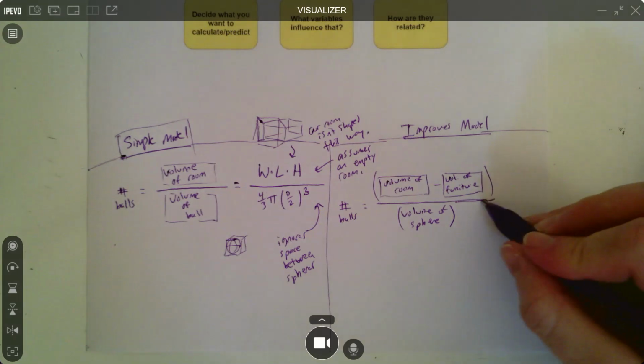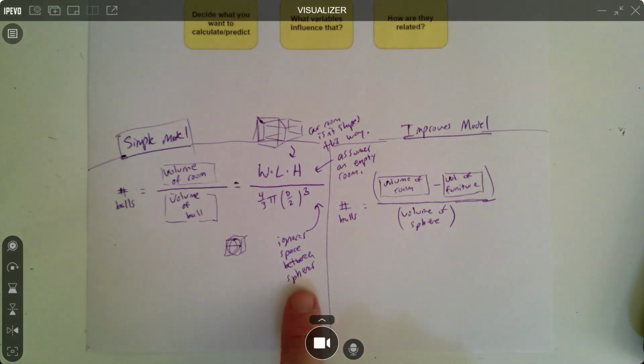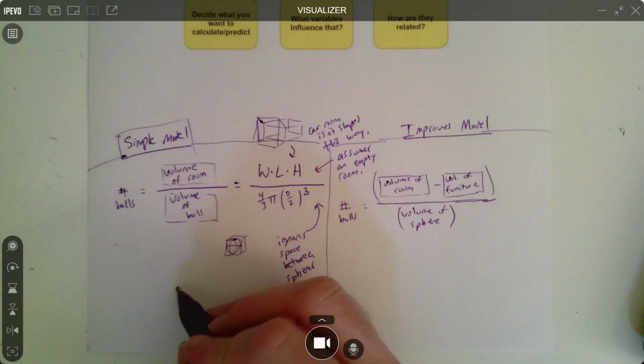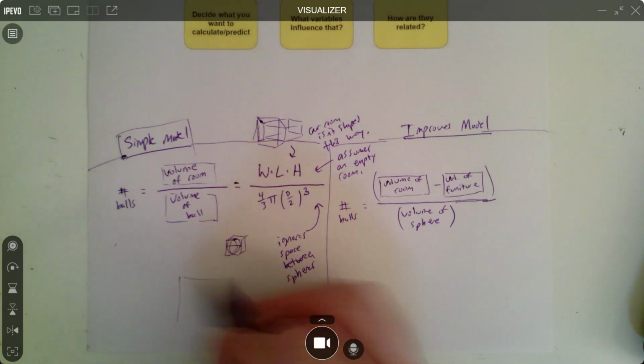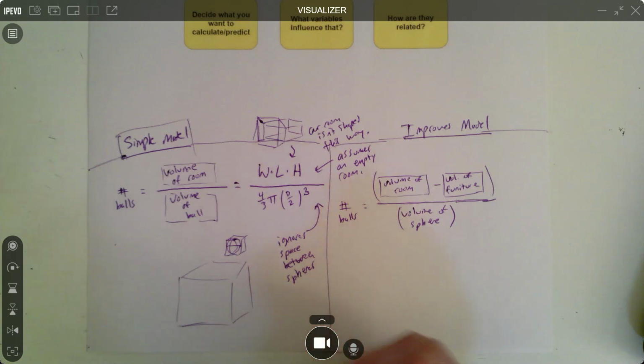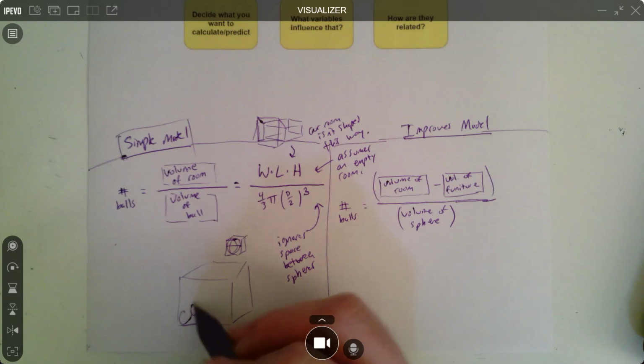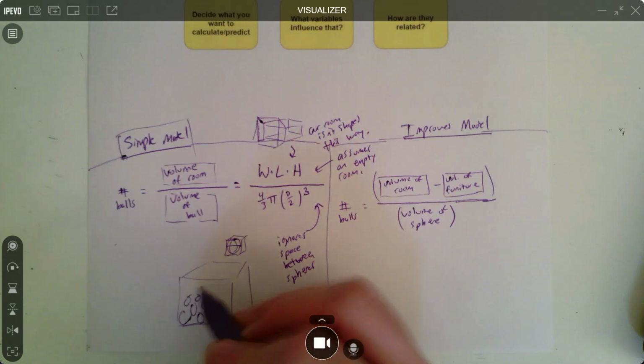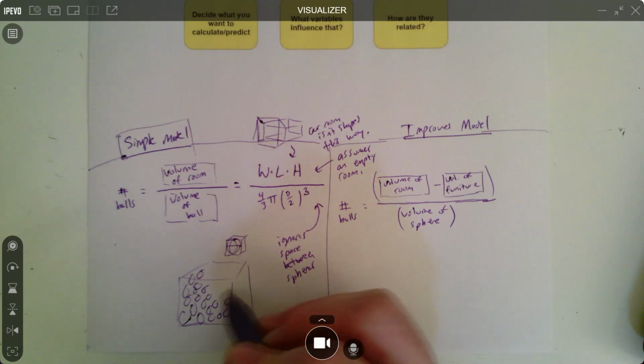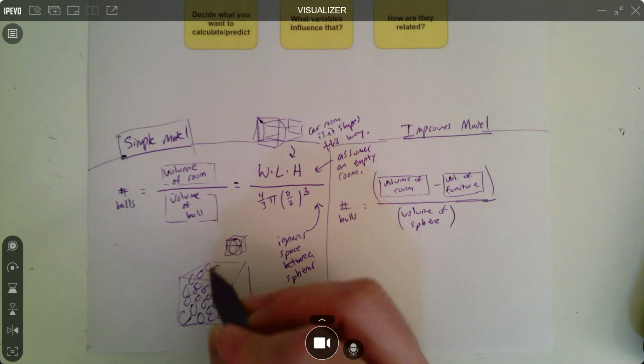But how do we take account of the idea that there's space in between the spheres? Imagine filling up some space with a bunch of spheres. Not 100% of this volume is being filled up by spheres.